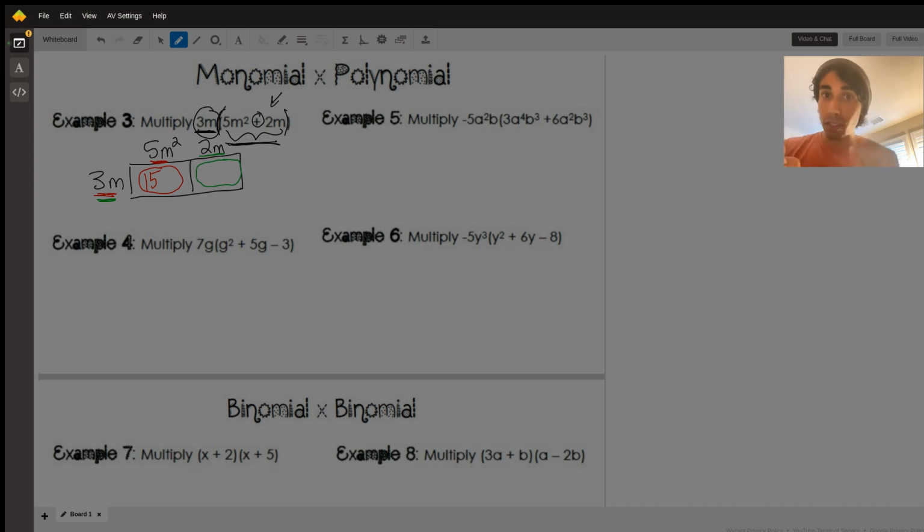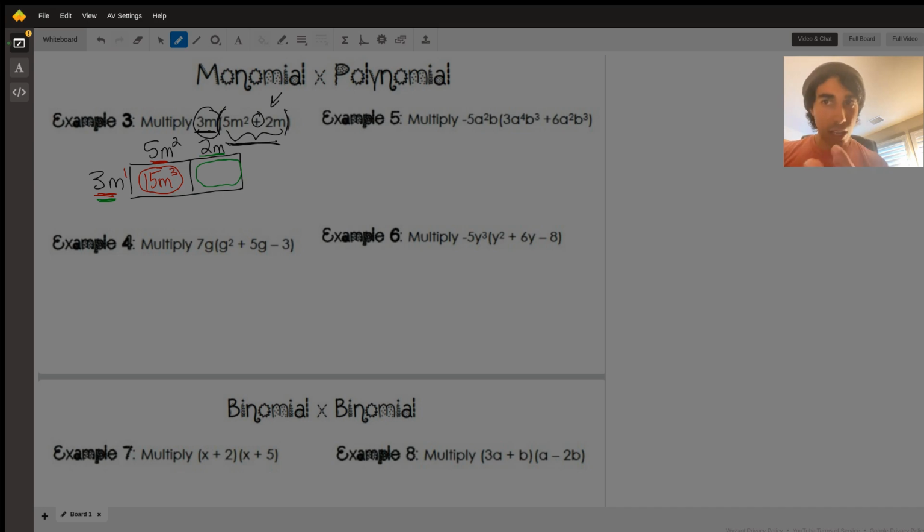So whenever there's no exponent, there's an invisible 1 right there, right? Don't forget the invisible 1. That's m to the power 1. So what we're doing, we're multiplying m to the power 1 by m to the power 2, right? So remember from the last video, you're going to be adding those exponents. So you got m power 1 times m power 2. Adding the exponents, you're going to get 15m to the power 3.